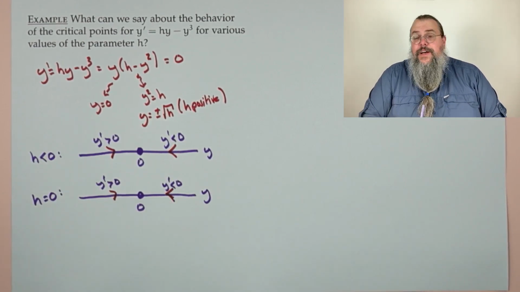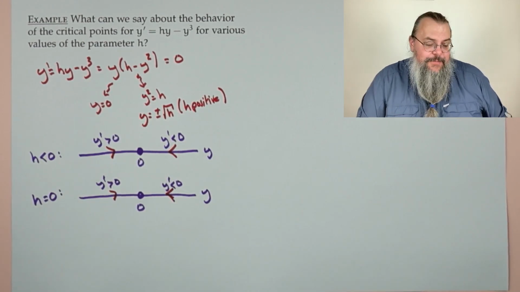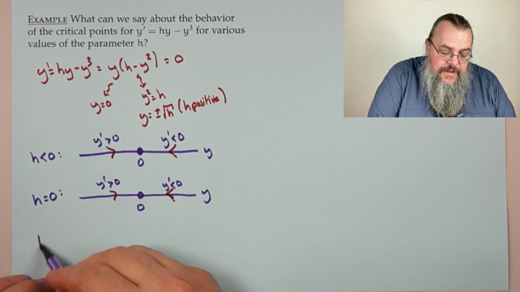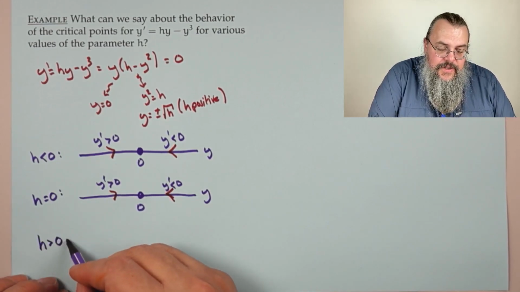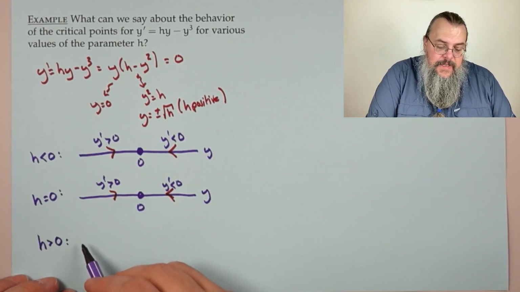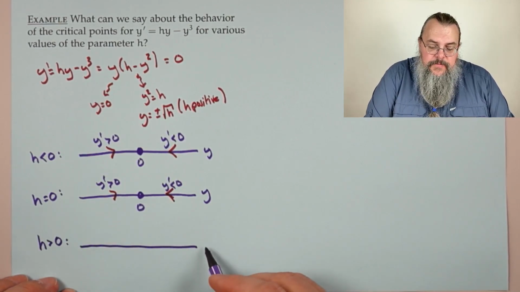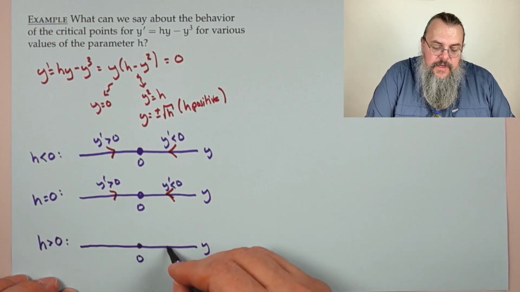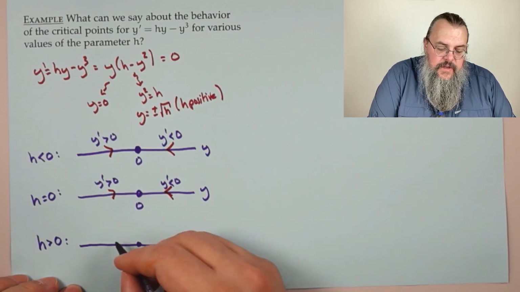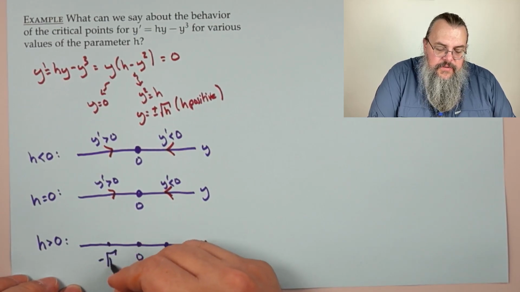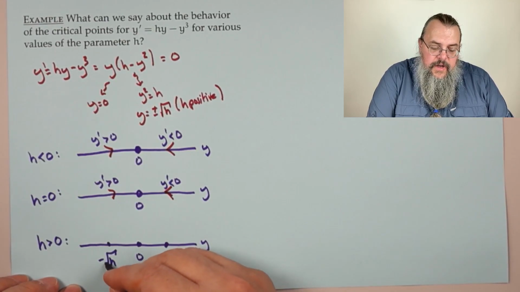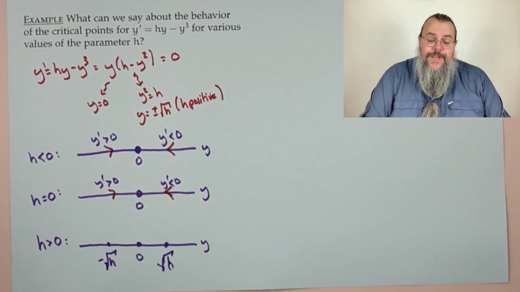Great. All right. Kind of a deja vu type thing going on. But now we have the following. H greater than 0. And what can we do here? Well, we can mark 0, positive square root of h, and negative square root of h. Those are our 3 roots. All right, well, what can we say?